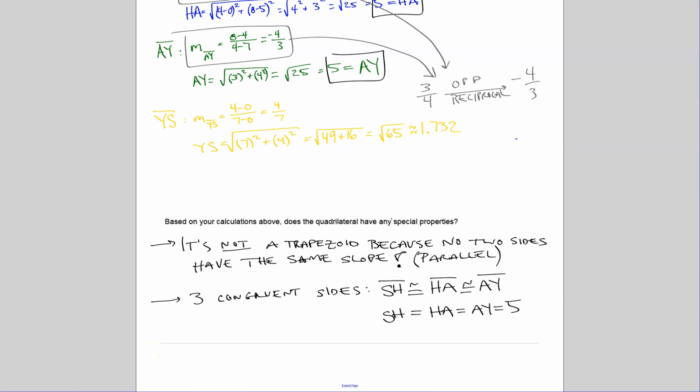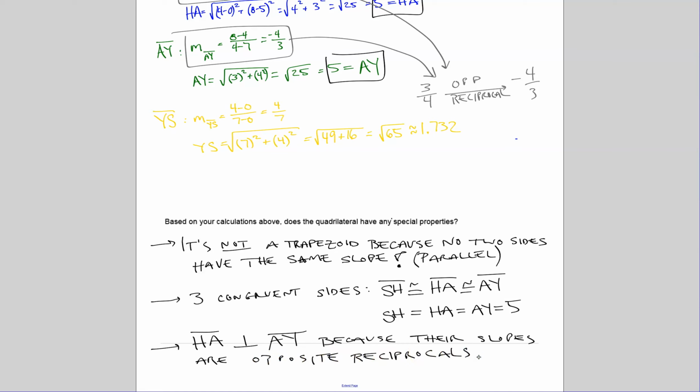Last but not least, let's make that comment about the 2 perpendicular segments. I can say that segment HA is perpendicular to segment AY because their slopes are opposite reciprocals.